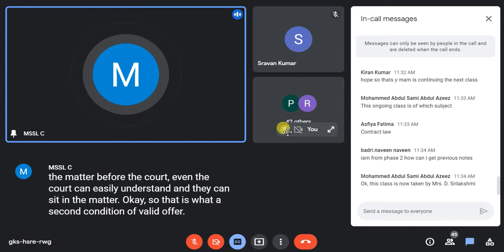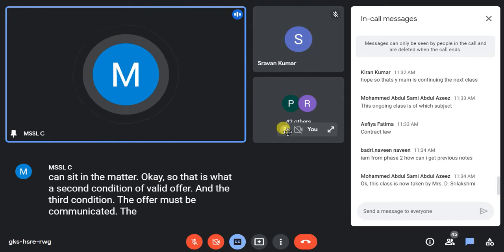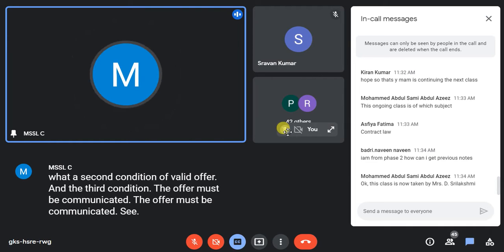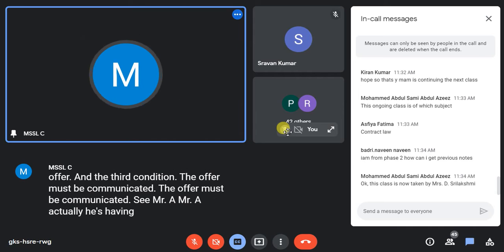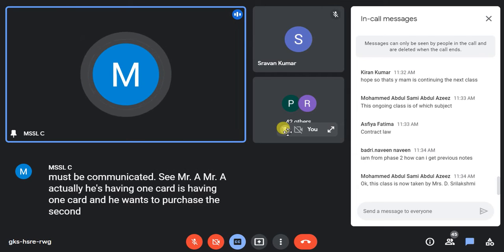And the third condition, the offer must be communicated. See, Mr. A actually has one car and he wants to purchase a second, new car.